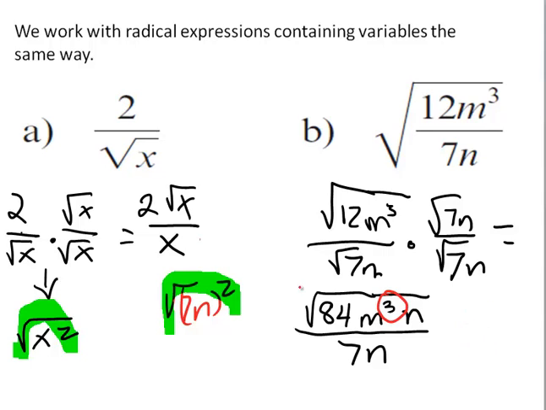So remember that's a secret 2. 2 goes into 3 one time, so m gets to come out and leaves behind an 1m. So my new version looks like this: 84mn over 7n. And I know it's tempting to do some canceling here, but because those are trapped inside the radical, you can't touch them.